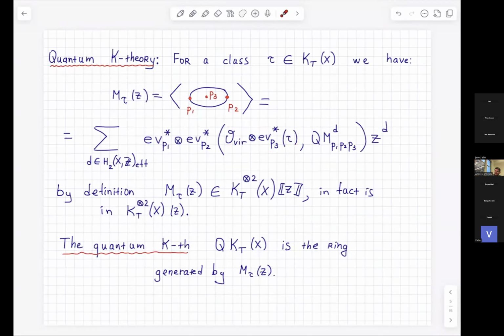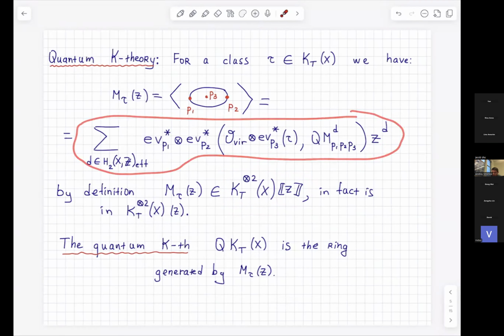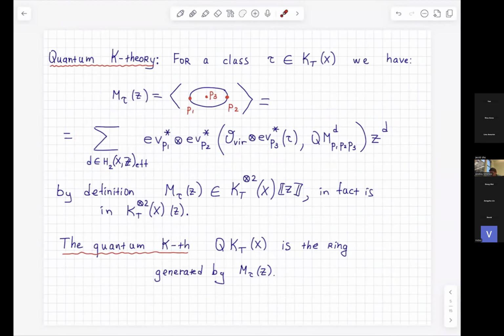So by definition, what you get is some element which lives in the tensor square of equivariant K-theory. So it's like a matrix. If you choose some basis in the K-theory, then you get a matrix in this basis, and its matrix elements are power series in this variable Z. When we compute these push forwards, we organize them into a generating function, and Z is the degree counting parameter.